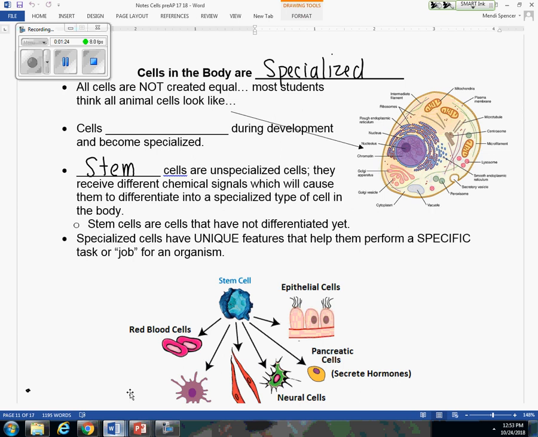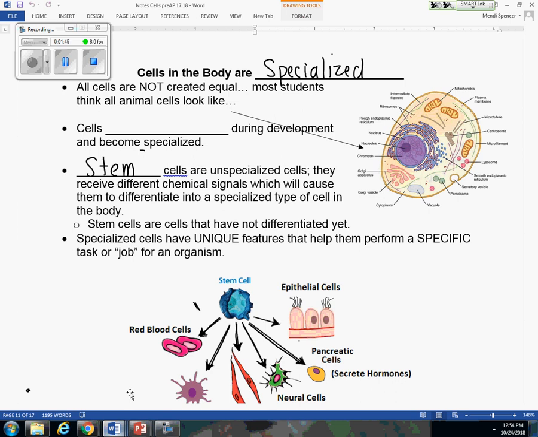This diagram right here shows you that stem cells have the ability to turn into the different types of cells in the body. They become specialized when they receive certain signals to change. Whenever cells become specialized, we have another name for that. We can say that the cells are differentiating.